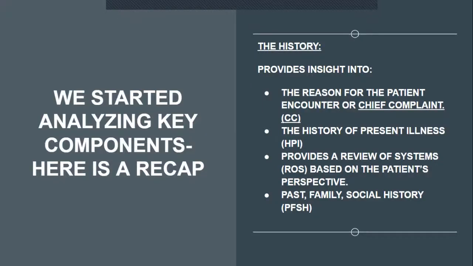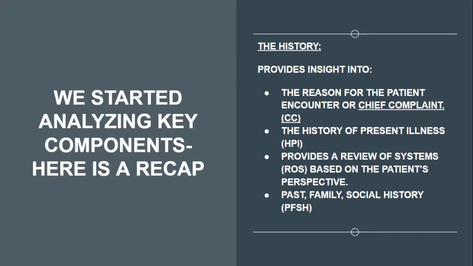In our last lecture, we started analyzing key components, and we're going to do a little bit of a recap because I had the history on the board. History provides insight into the reason for the patient encounter or chief complaint, which is CC. You guys need to remember that.